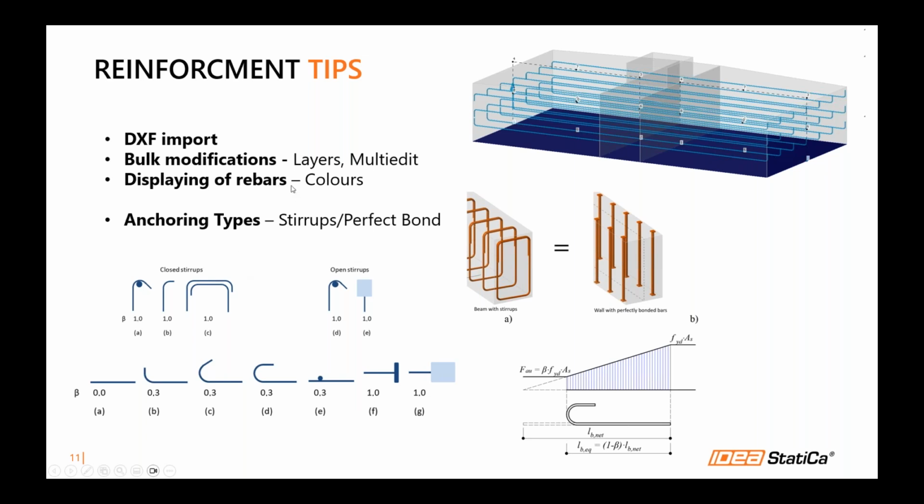And try to use as much as you can these special features like DXF, for bulk modification or displaying of the rebars in different colors, or turning off all the rebars and just keeping only the one you want to modify. Try to make it easier for you.